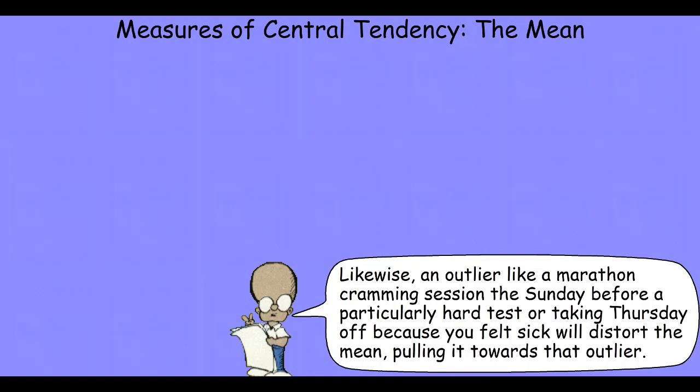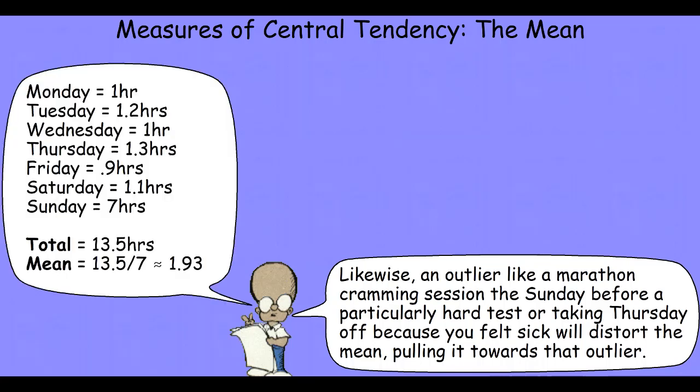Likewise, consider an outlier, a large or low number, like a marathon cramming session the Sunday before a particularly hard test, or taking a Thursday off because you felt sick. These outliers or extreme values will distort the mean significantly, pulling it towards that outlier in ways that may not be useful.